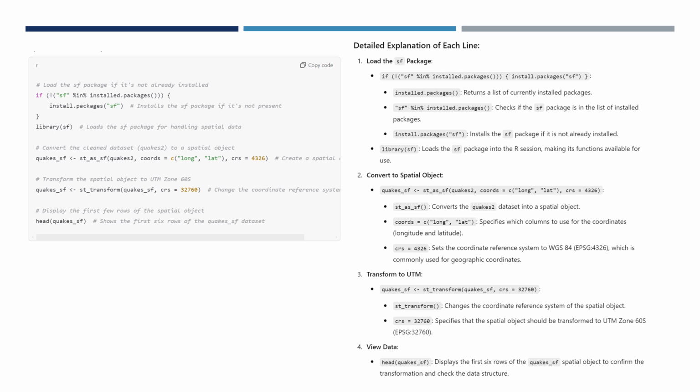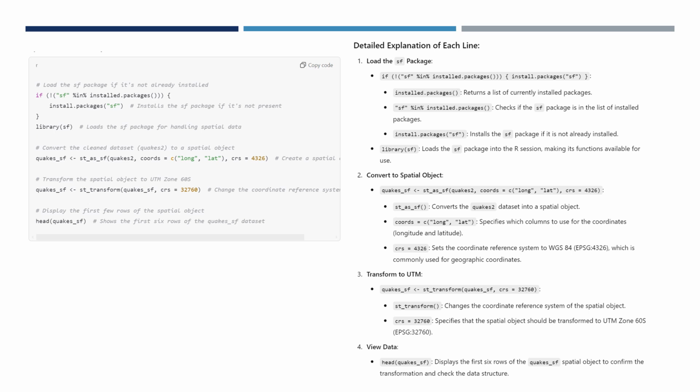And so we are going to then take that Quakes SF, which is what we had converted there before, and we used the ST transform on that data set to basically change the CRS, the coordinate system number, to 32760.